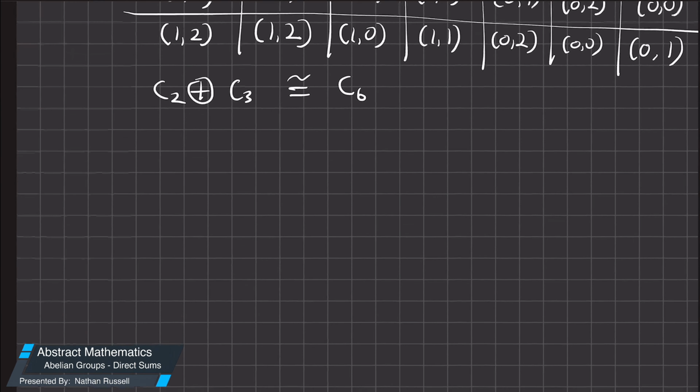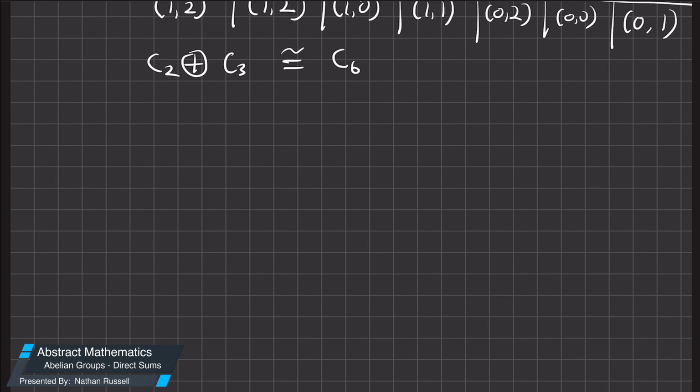Well, remember the isomorphic mapping. So I've said generators map to generators. So what is the generator in both groups? It would be the number 1. So that means that 1, comma 1 is going to be a generator for this group. And what's a generator of this one? Well, just the number 1.